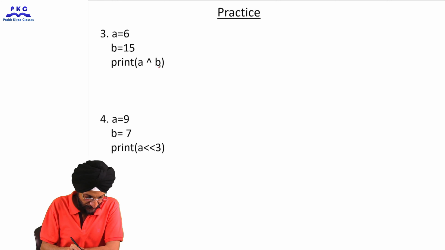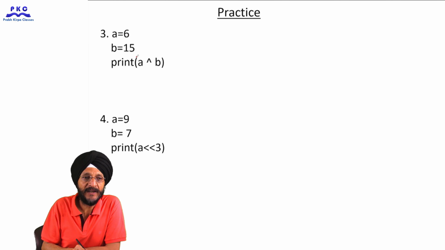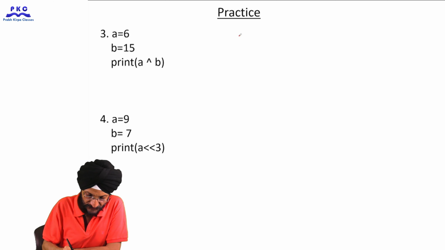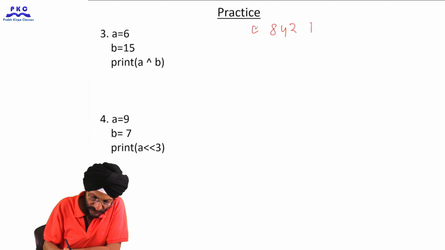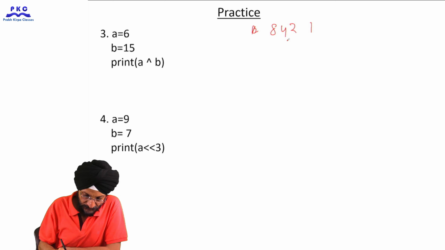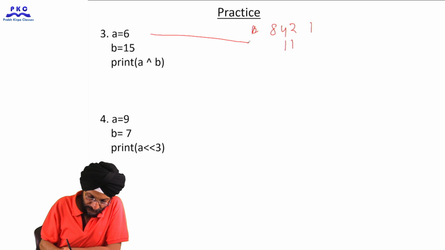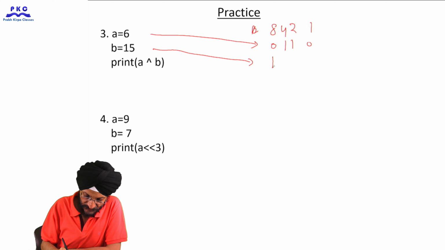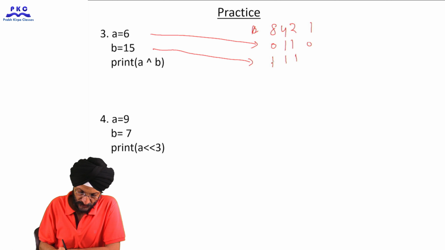Now first we will convert 6 and 15 into individual bits. So 6 will be this, 15, 8, 4, 2, this.